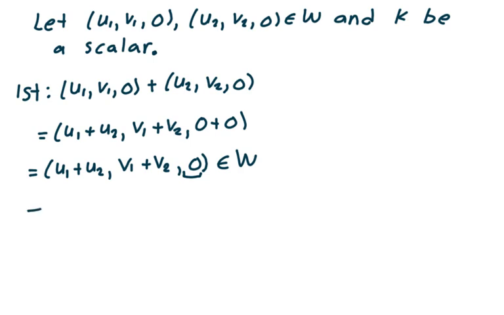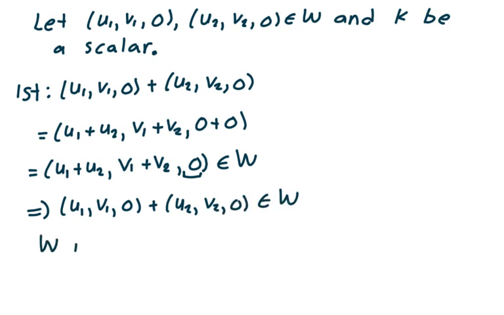And so that implies the vector (u1, v1, 0) plus vector (u2, v2, 0) belongs to W. And so W is closed under addition. I hope that makes sense.